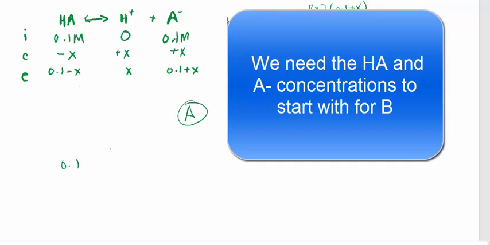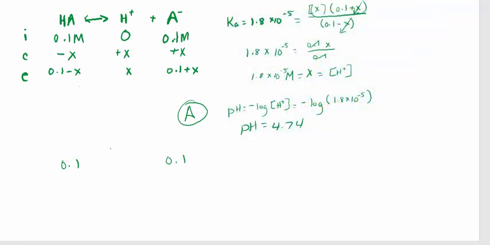Now we're going to add a strong base to it. We're going to add 1 milliliter, so 0.001 liters of a 0.1 mole per liter sodium hydroxide solution. That's going to give me the number of moles of base that we're using.